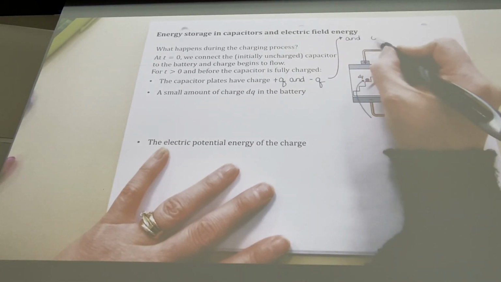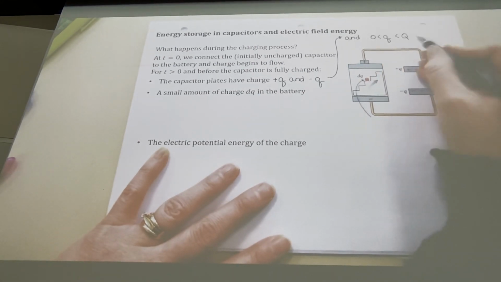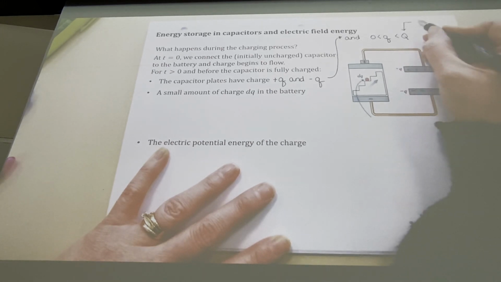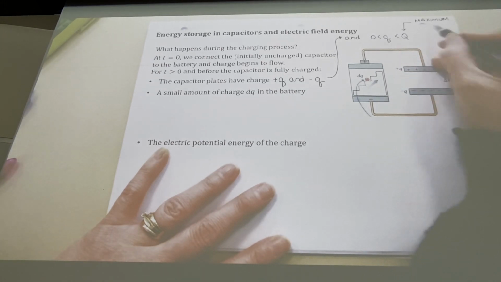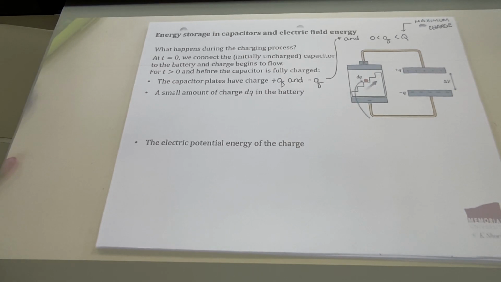And that amount of charge q is greater than 0, but less than the net charge total Q, or the maximum charge stored on the capacitor. So for our notation, a lowercase q is sort of an intermediate q, it's part of the charge. Uppercase Q is the maximum possible charge. That's going to be the notation we're going to try and stick with.